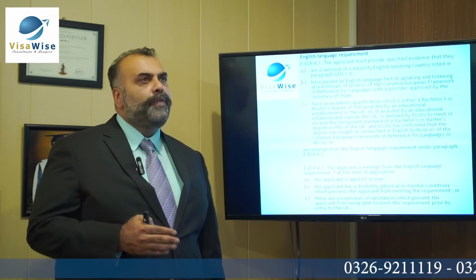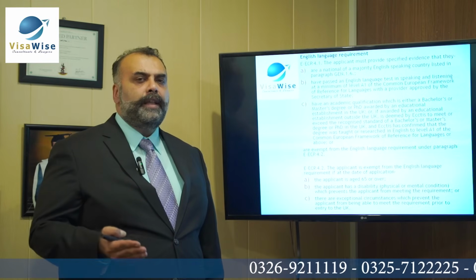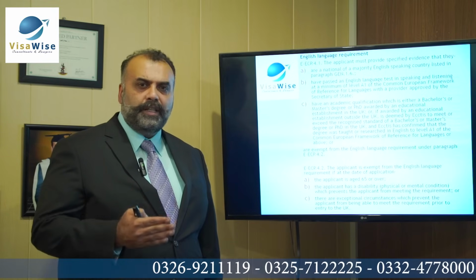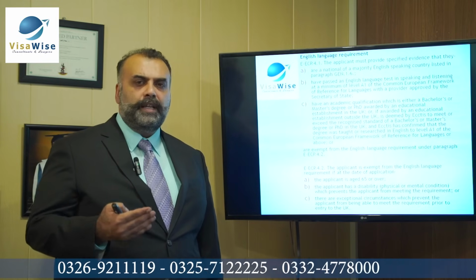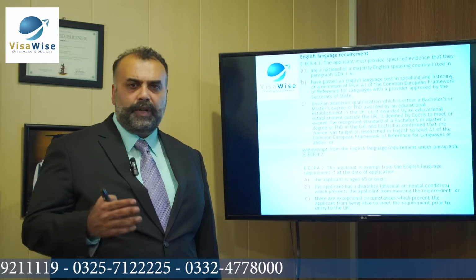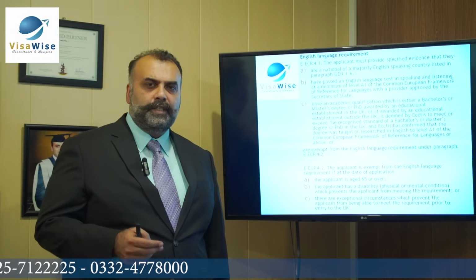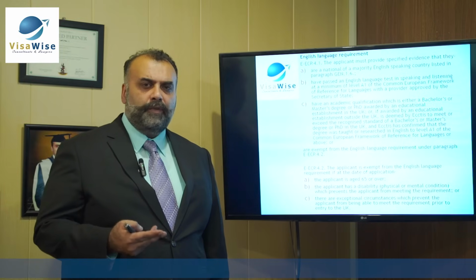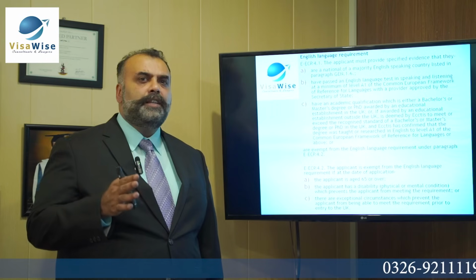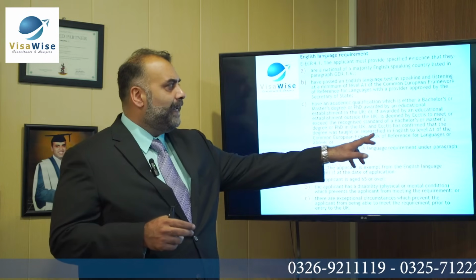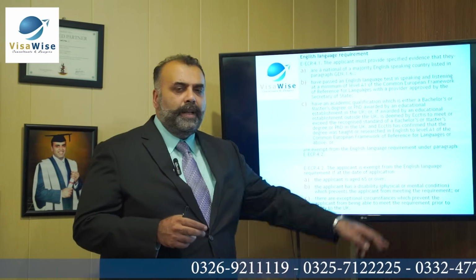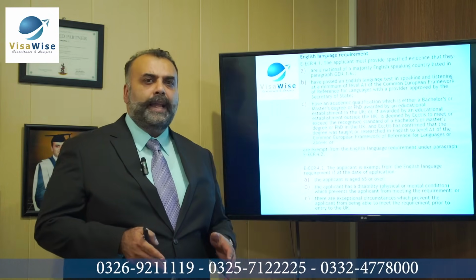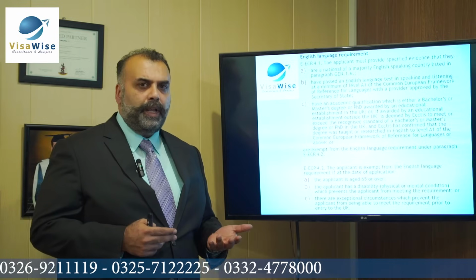But if you have done your degree in bachelor's or master's or PhD in your country of residence or any other third country which is not regarded as the English language speaking countries, then there's a body which is called ACTIS. Formerly, it used to be called UK NARIC, but they have given it a new name.